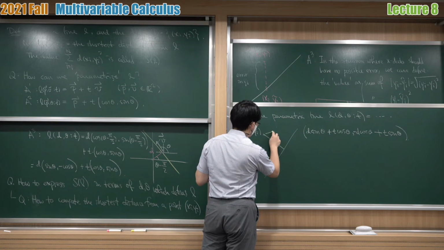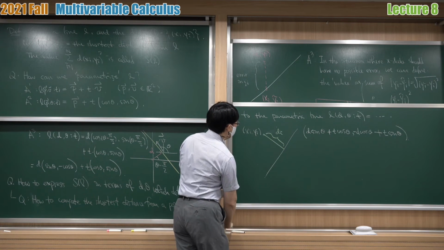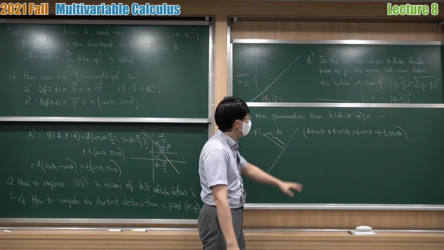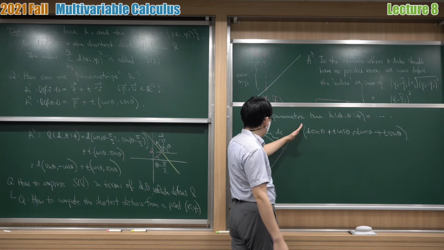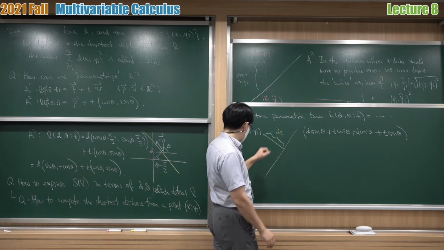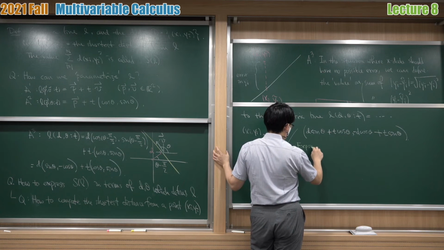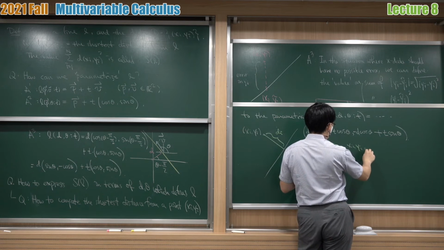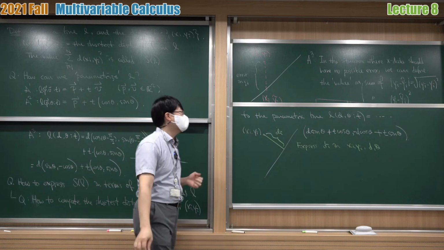I want to express this distance, let's say di, in terms of xi, yi, and the parameters. So t should not appear here. t is just a number that points to a point on this line. So di should be expressed in xi, yi, and d and theta. So how would you find di?